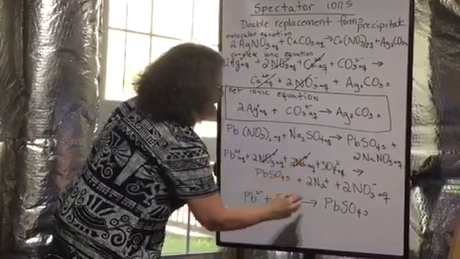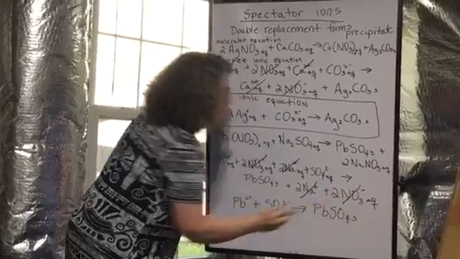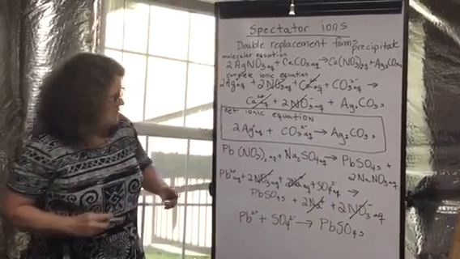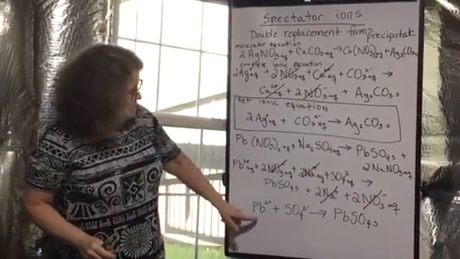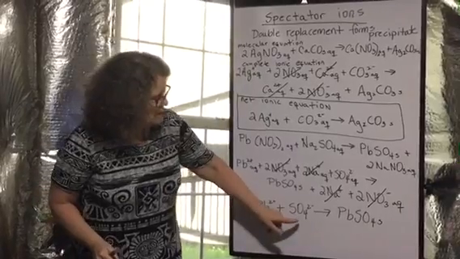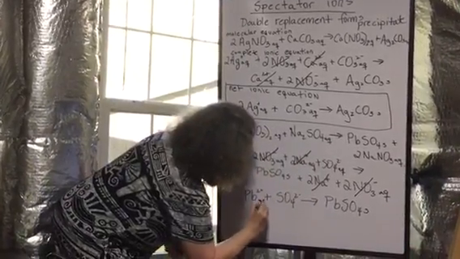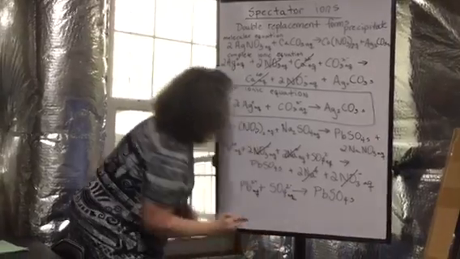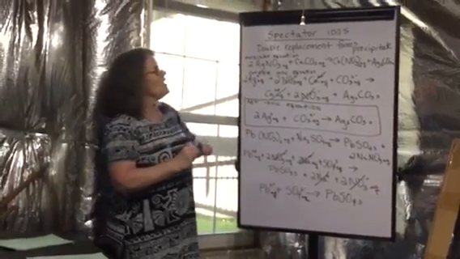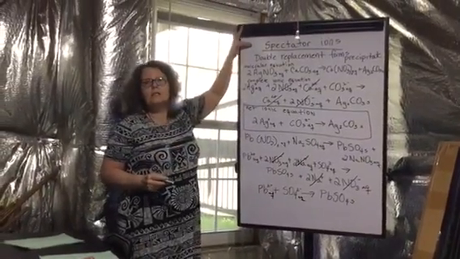Nitrate and sodium are bystanders, spectators. The interesting reaction is between lead, Roman numeral 2, and sulfate, forming this precipitate. And these are both aqueous ions. So that's all that we mean by spectator ions. Okay, that's it.